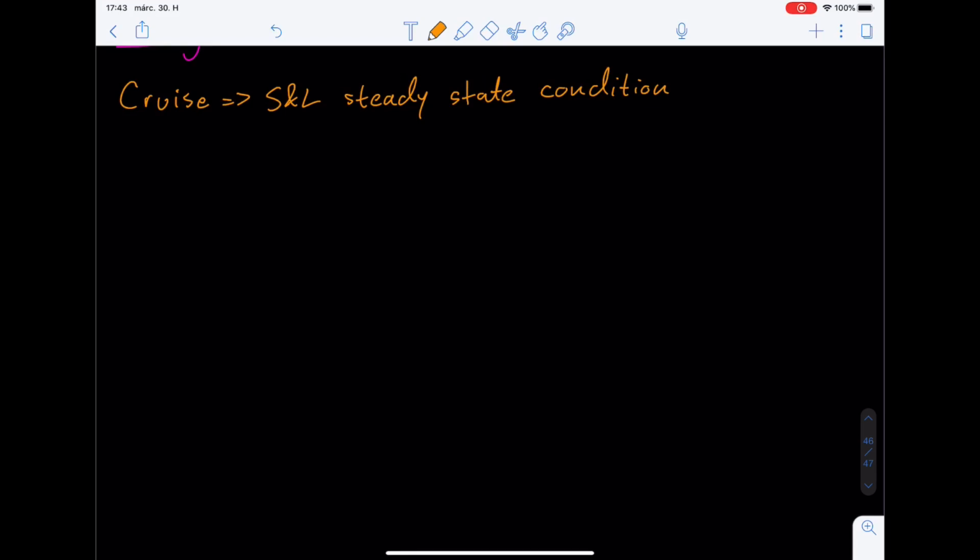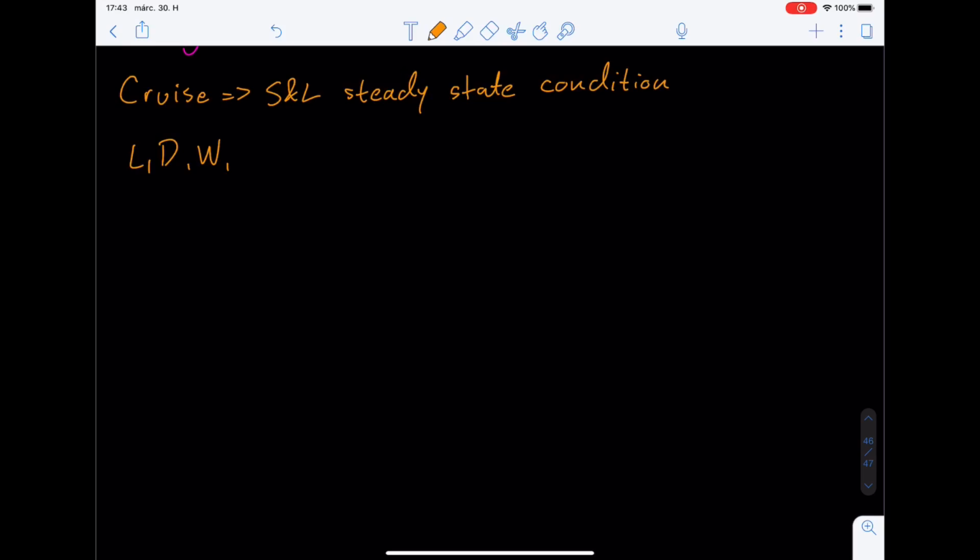So during the cruise, most of the time we're going to have four major forces acting on the airplane, which are, of course, the lift and the drag, the aerodynamic forces, the weight, which is the internal force given by the acceleration of the gravitational field and the mass of the aircraft, and of course the thrust given by the engine.